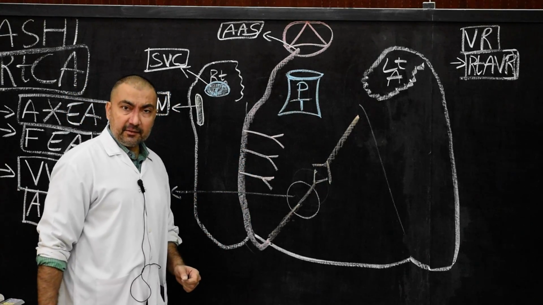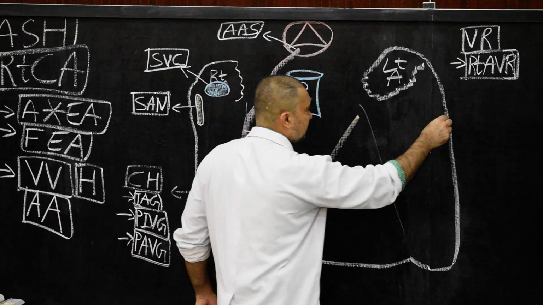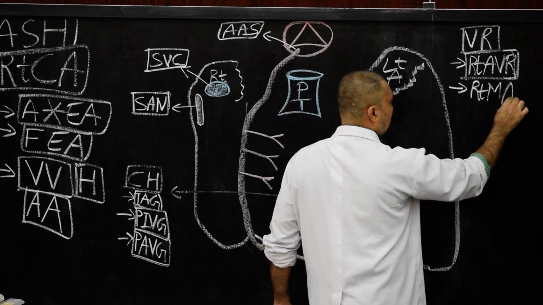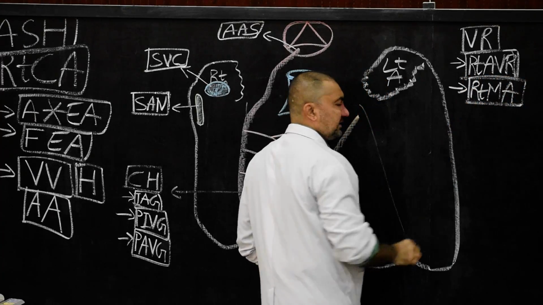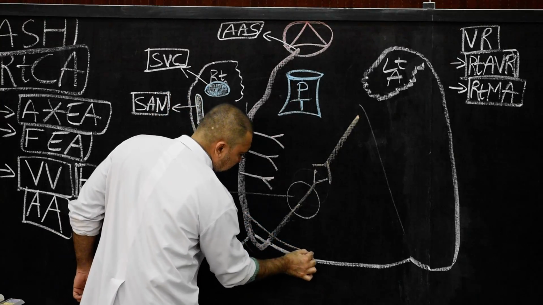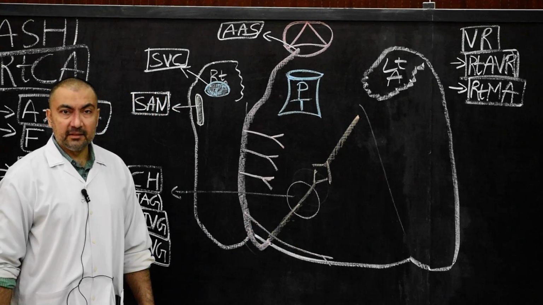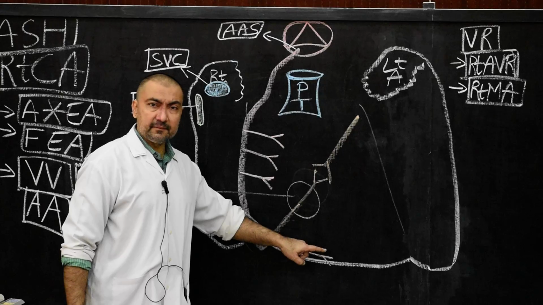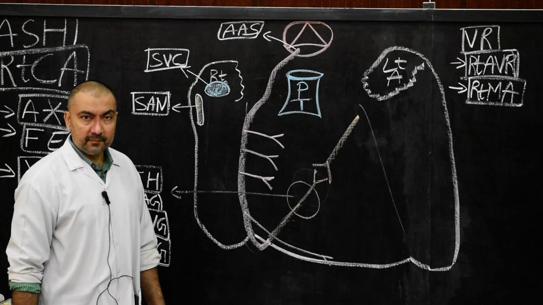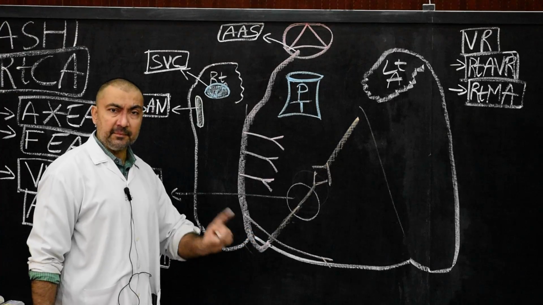Out of these, one of the branches is longest, and that branch I will name the right marginal artery. If I draw over here, it will pass along the inferior border of the heart and supply the right ventricle. So this is one of the longest branches of the right anterior ventricular rami.